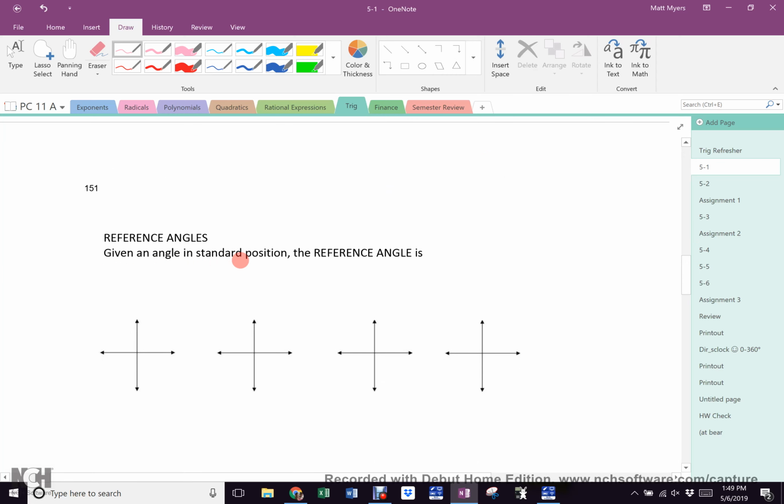Given an angle in standard position, the reference angle is the angle between, and this messes kids up, between the terminal arm, and I'm going to highlight that, terminal arm, and the nearest. Now, please notice I have capitalized it.